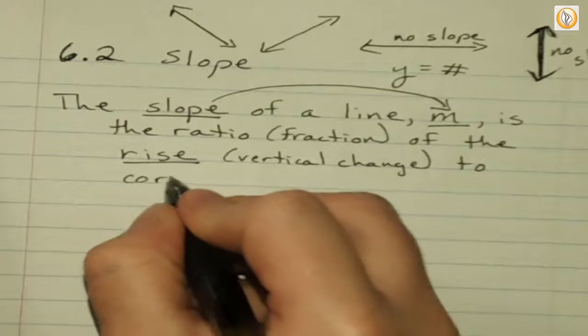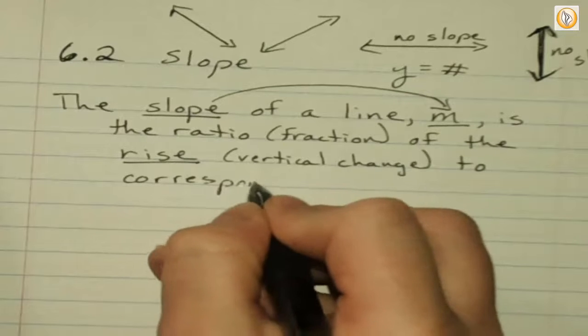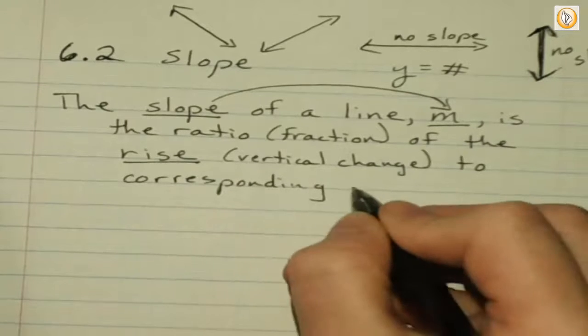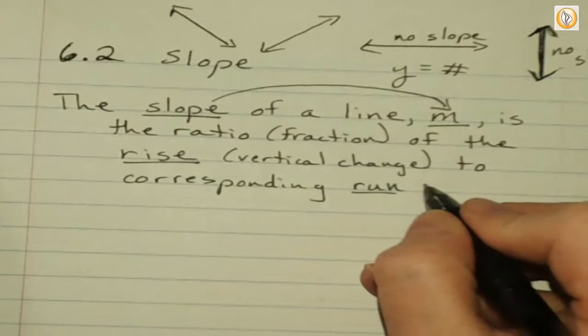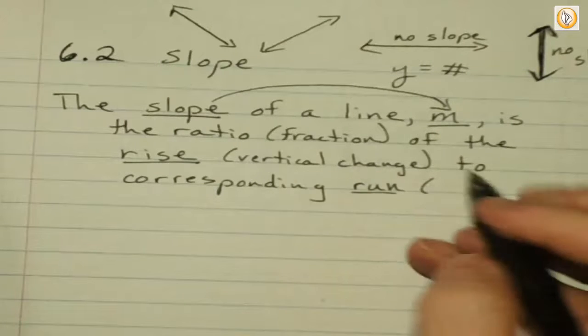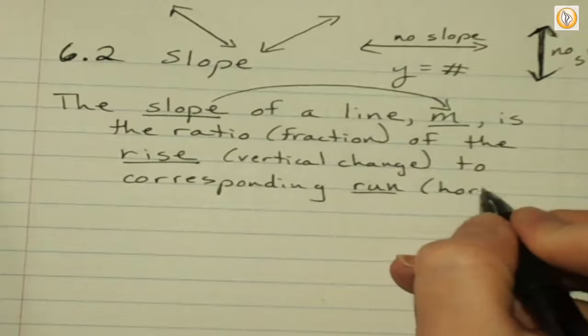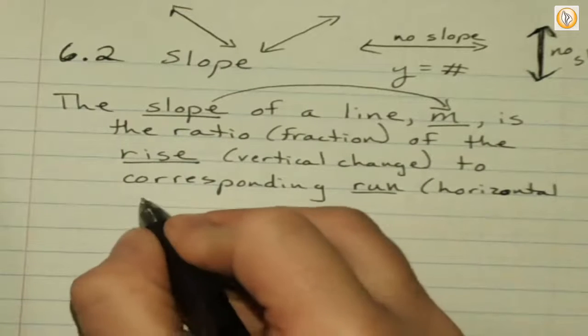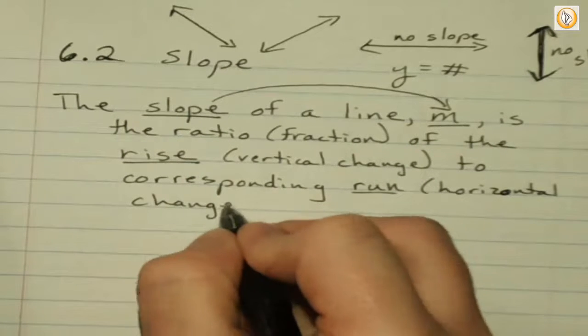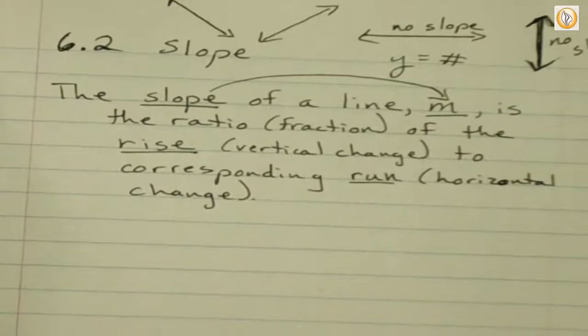There's the bottom part of your fraction or ratio. That's your horizontal change. Write that down. I'm going to write a little more in just a minute.